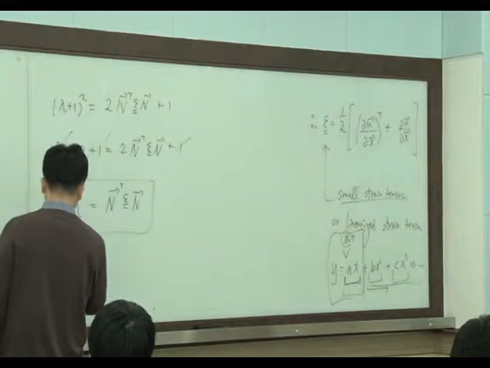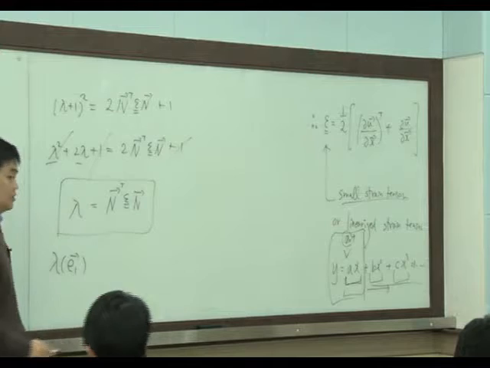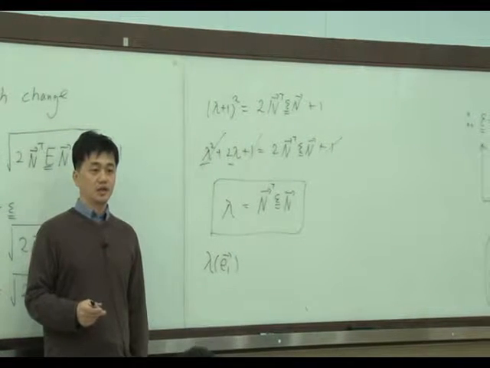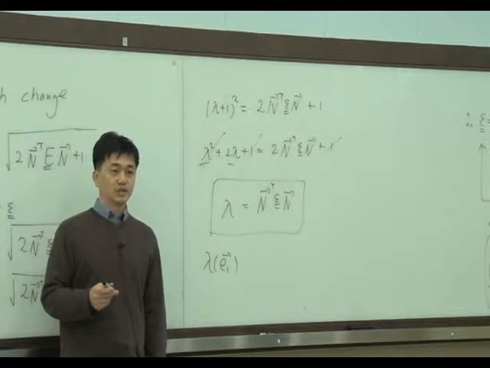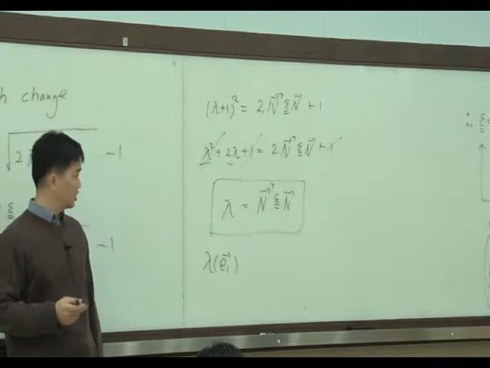So let's look at this equation. How about lambda E1? Let's put the direction vector, the base vector of the coordinate system in the x direction, or one direction.